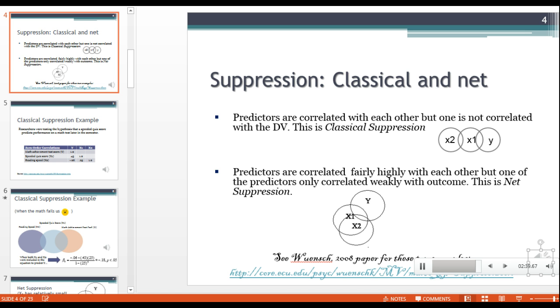It's not a total chain effect as we see with classical, but rather x2 does share that little sliver of variance with the DV. But again, this creates a little bit of difficulty with interpreting the b weights and the bivariates and understanding what's going on with the relationships among those variables.